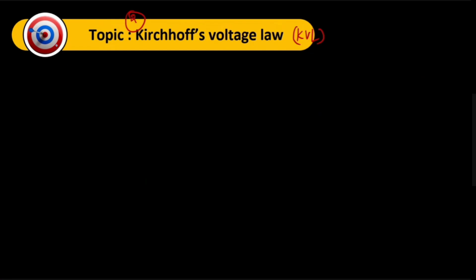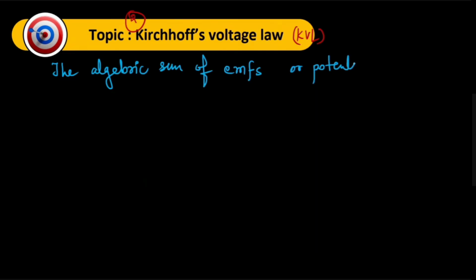So this law says that the algebraic sum of EMFs, now EMFs or battery mean the same, or potential difference, around a closed circuit is zero.